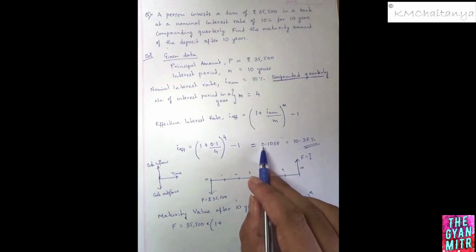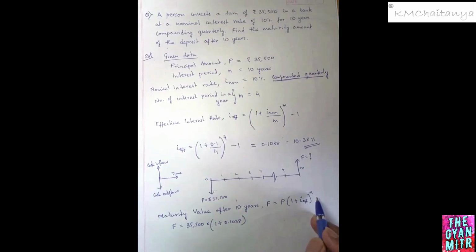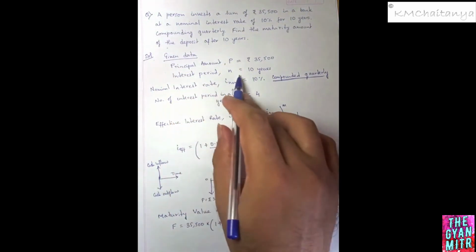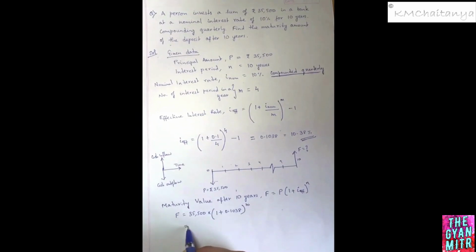So I effective is 0.1038, so (1 plus 0.1038) to the power of n. So what is the n value? That is the interest period, which is 10. So if I solve this, I am going to get the value as rupees 95,308.64.